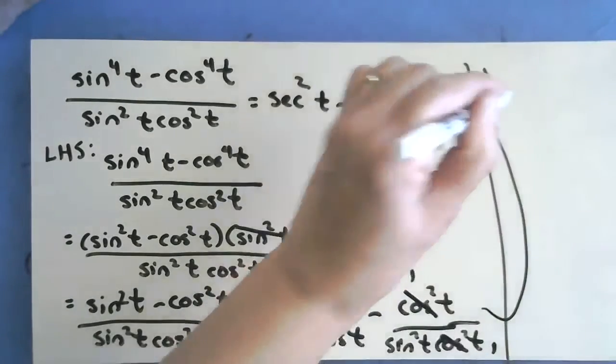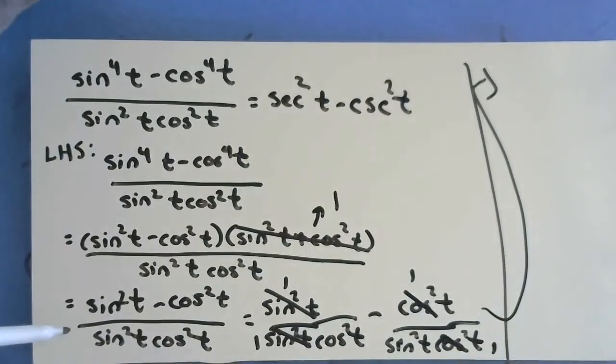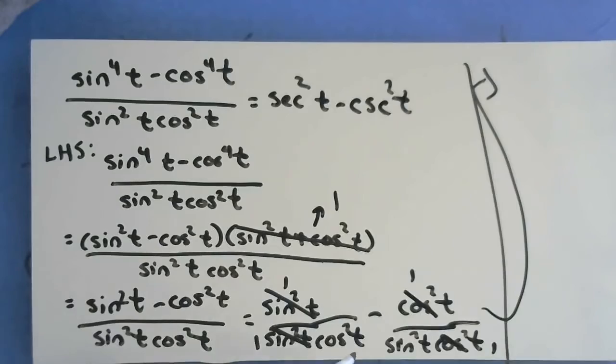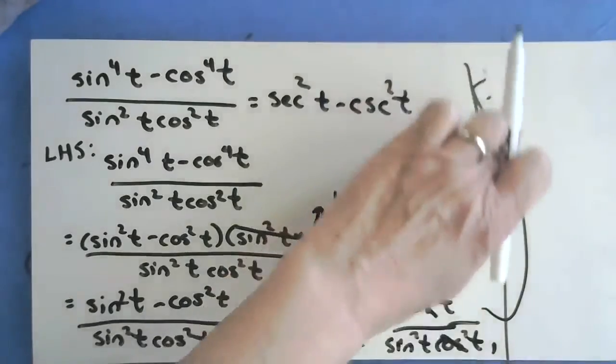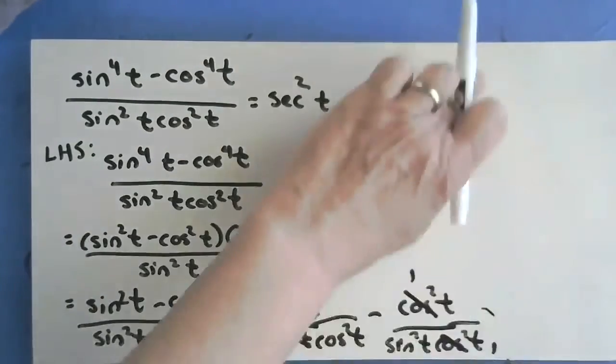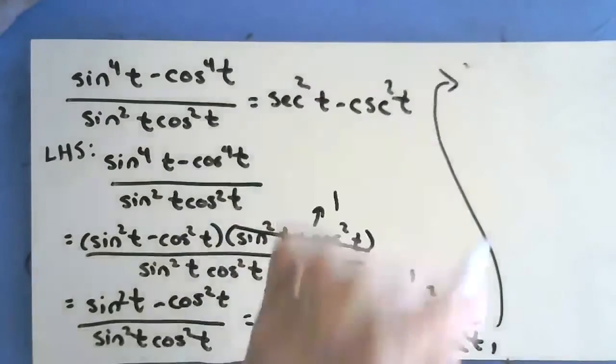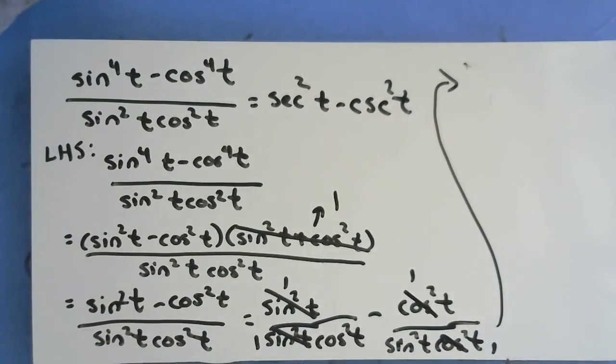Now I'm going to rewrite it up here, and notice I'm continuing to connect my steps with equal signs. We want a smooth path from where we started to where we end, and they're all connected with equal signs along the way. And I look for that. If you don't connect your work with equal signs, I'm thinking that you don't know that they are equal. So let me rewrite this now.